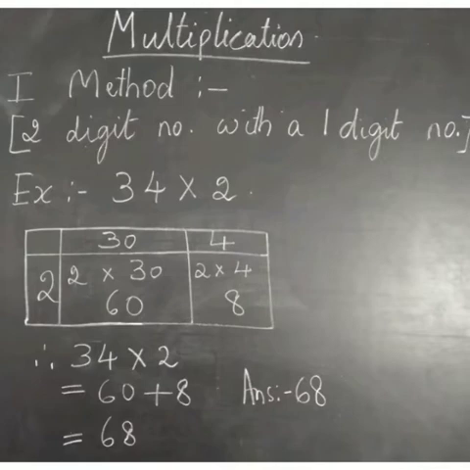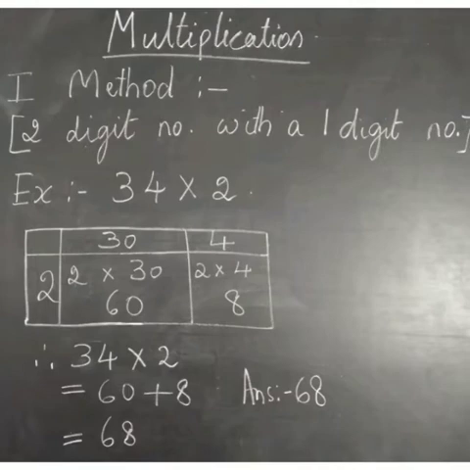So in these columns you have to write 30 and 4 in the horizontal columns. Okay? And in the vertical column you have to write 2. With 2 you have to multiply 34. So 2 in the vertical column and 30 and 4 in the horizontal column.